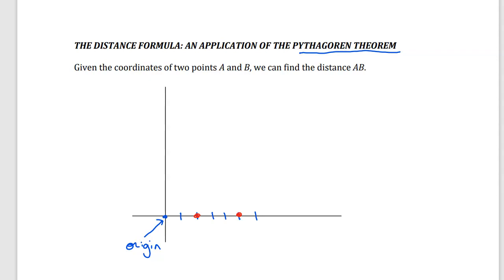Okay, I know the distance between this point and this point, from A to B, is 3, because I know that the distance from 5 to 2 is 3. But how do I know that?